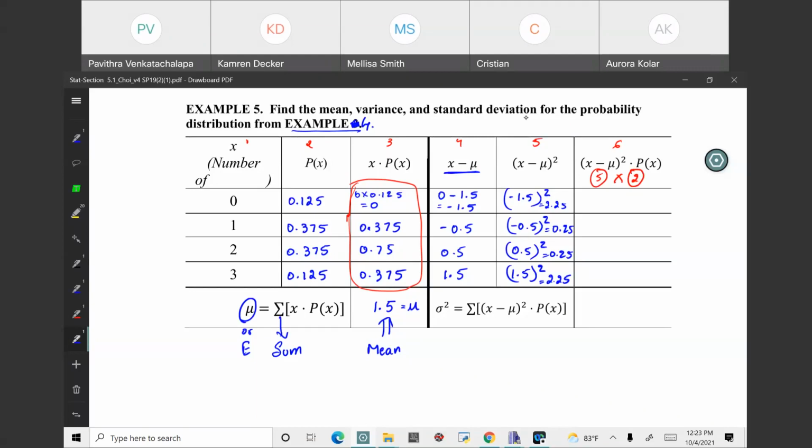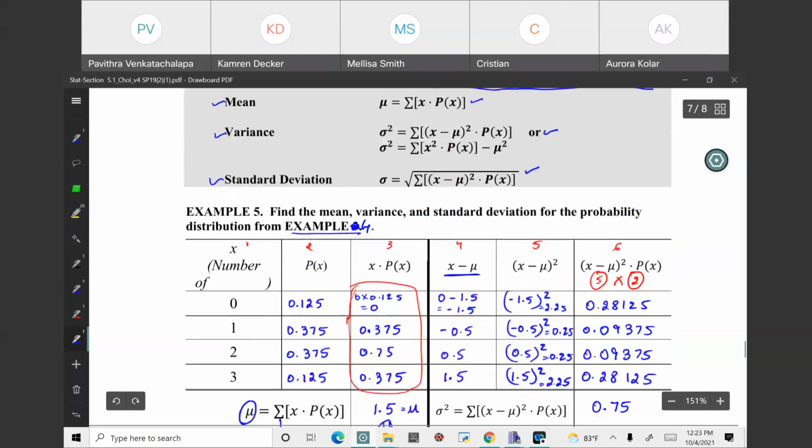That means you have to add all the values you got. 0.75.